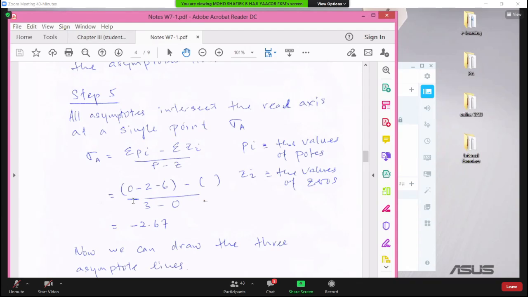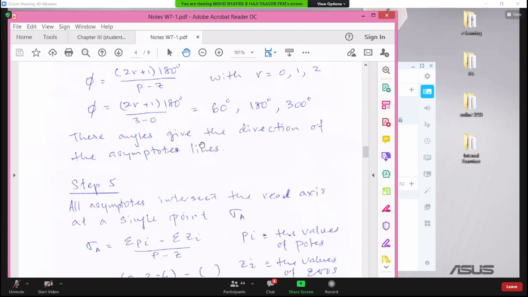These are the values of your poles. You don't have any zeros, so there's nothing to subtract there. Divided by p minus z, where p is the number of poles and z is the number of zeros. You get the intersection of asymptotes. All asymptote lines are going to go through the point -2.67 at their respective angle.